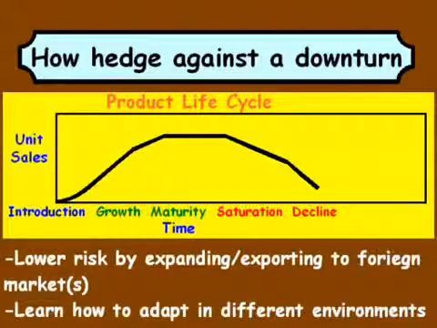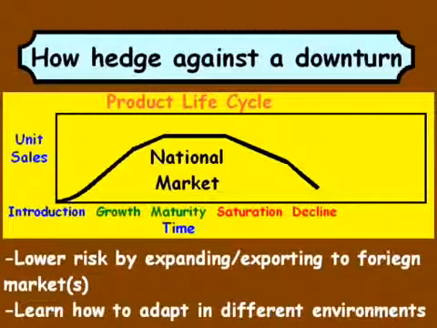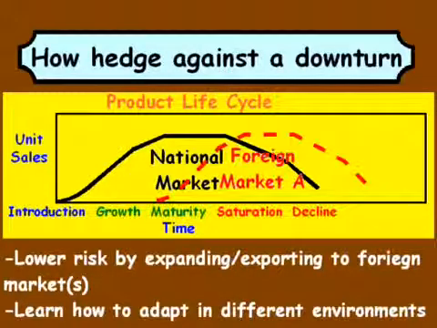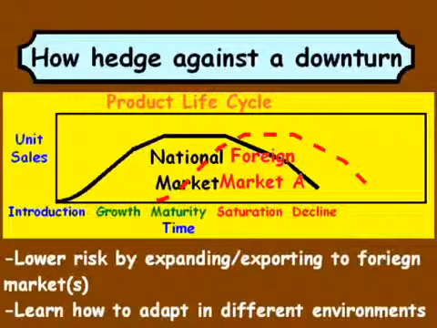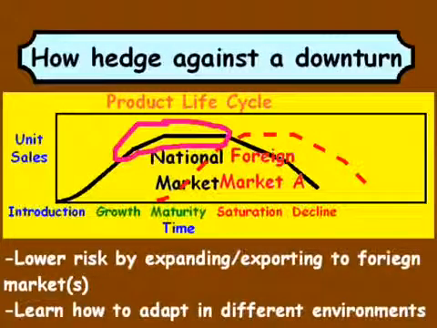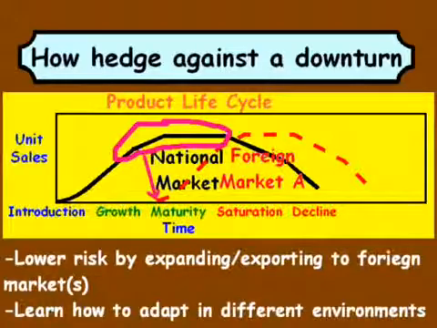And we can also hedge against the downturn. So we have what I call our national market right here. And then if we decide to make an investment, we have foreign market A. Now, usually the best time to pursue a strategy like this from a company standpoint is either late in the growth stage or early when we get to the maturity stage, the cash cow stage.